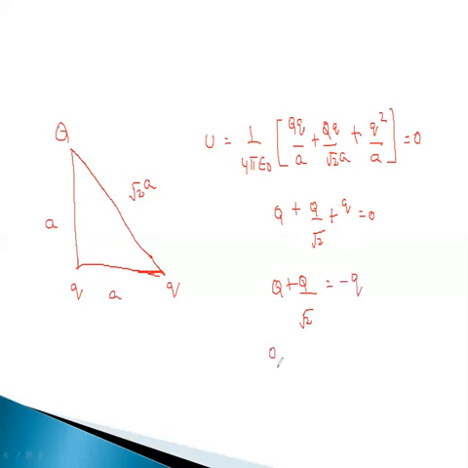When you take capital Q common, 1 plus 1 by root 2 equals minus q. Then it will be root 2 plus 1 by root 2. If you write the same factor on the other side, then it is minus q into root 2 by root 2 plus 1. So finally the answer is minus q into root 2 by root 2 plus 1. So this is the answer for capital Q in terms of small q.